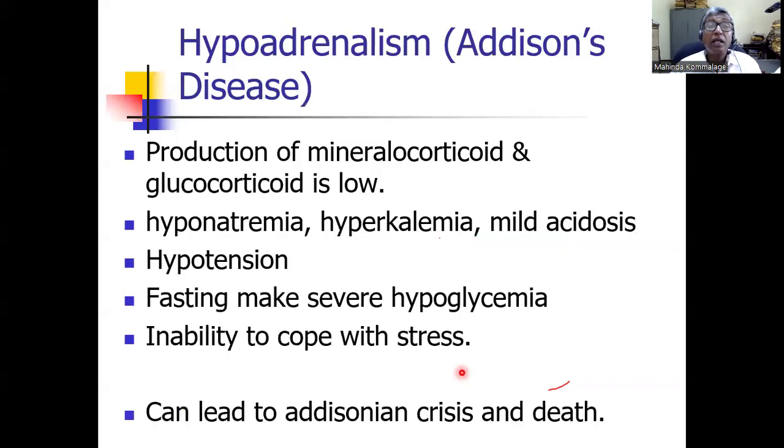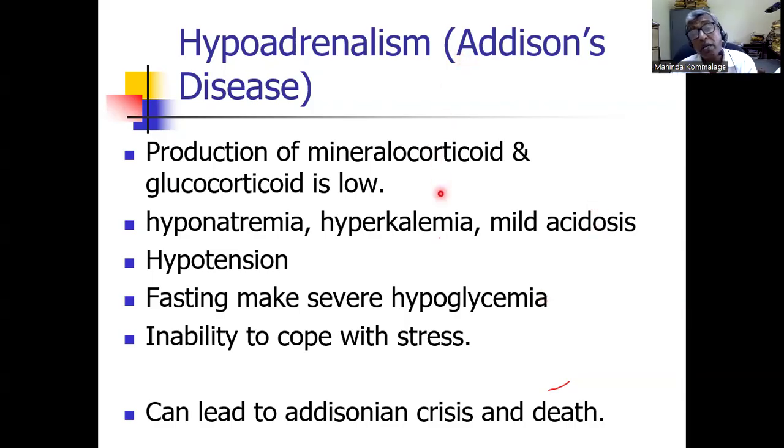First, Addison's disease, where production of mineralocorticoids and glucocorticoids is low. So there is an insufficiency of the adrenal cortex, and we call it Addison's disease.